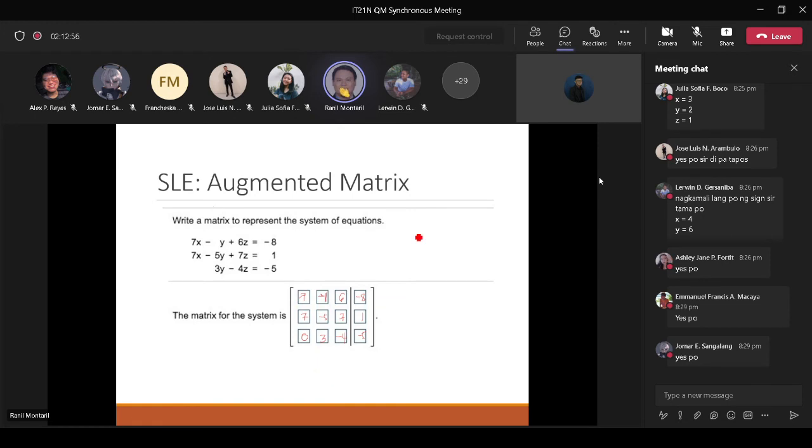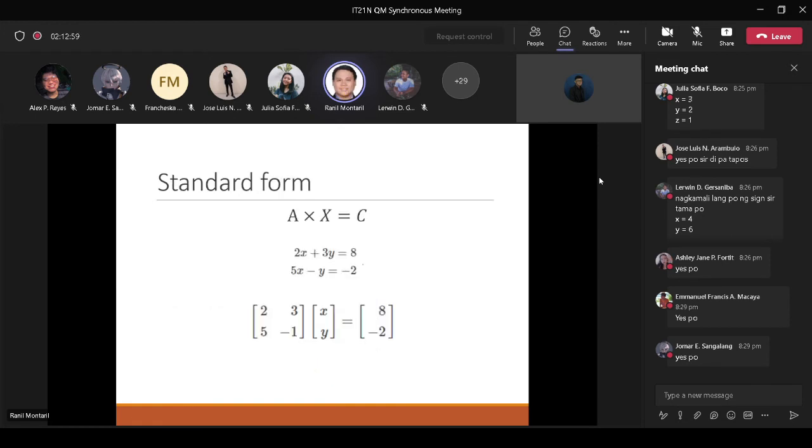Now, the next one, if you have an augmented matrix, the second form is what we call the standard form. The standard form is generalized by a matrix A multiplied to a matrix X, which is equal to a constant matrix. Matrix A is normally the coefficient of the variables.